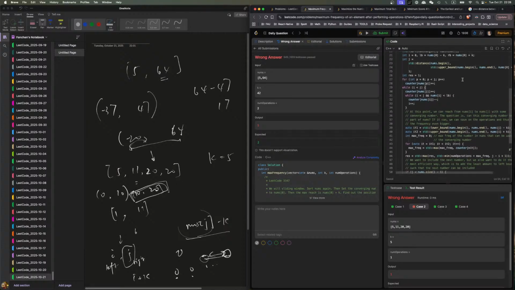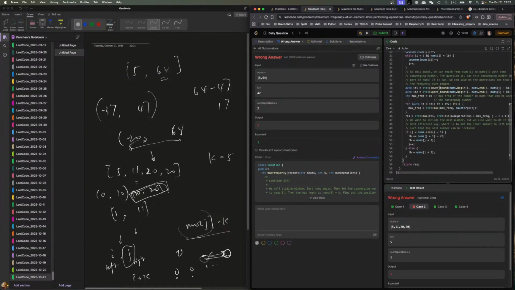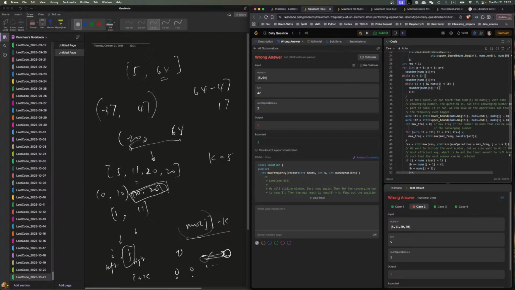And then this, the counter. Okay, then we just move this one down as well, and then we put this as equal to, right?